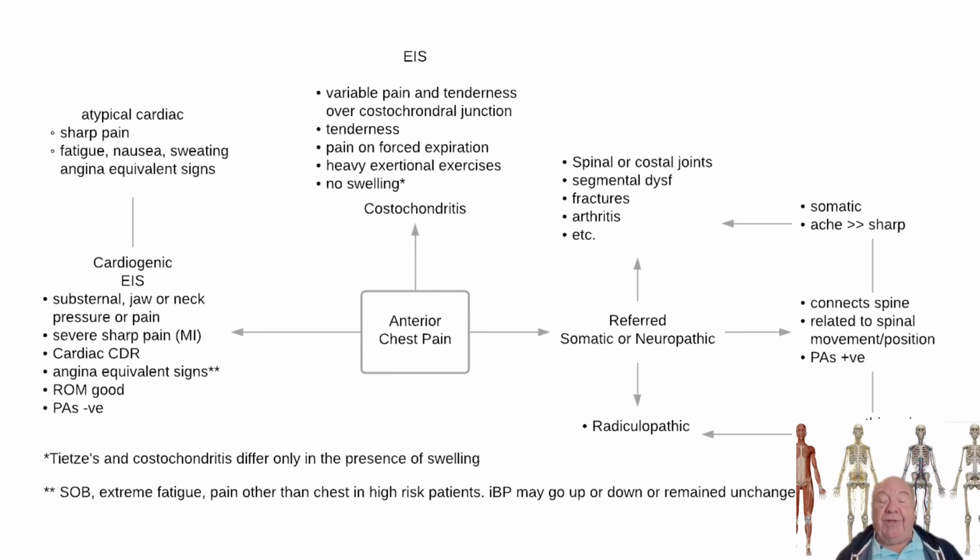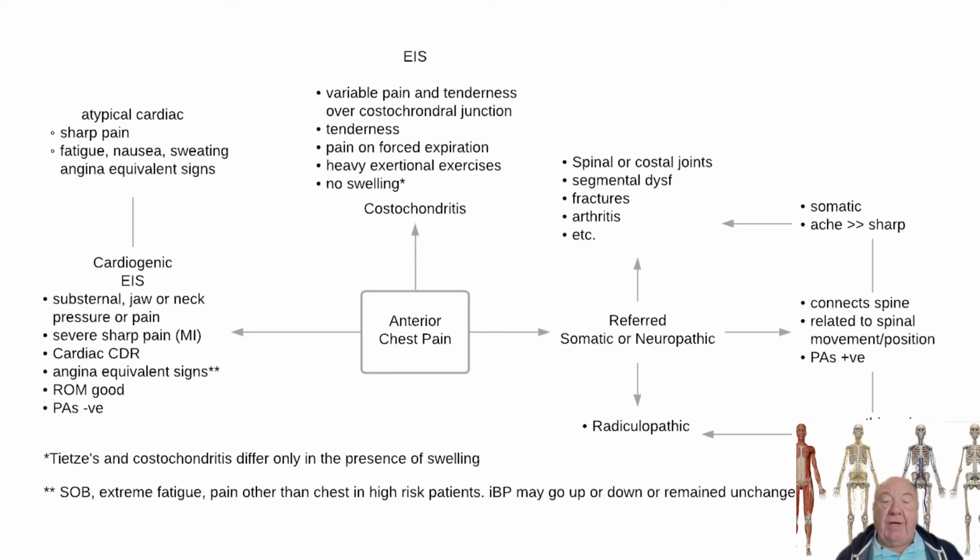So even without the chest pain, these symptoms are such. And we're looking at mostly shortness of breath, extreme fatigue, and pain in any other area in the upper quadrant, the torso area anyway, and the shoulders, in patients that are high risk for heart attacks.